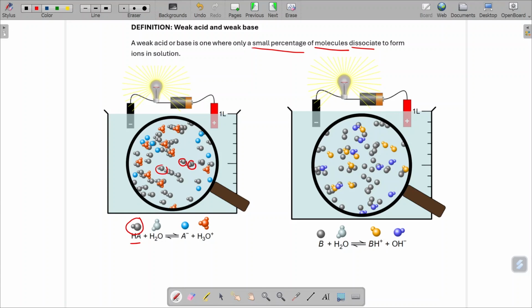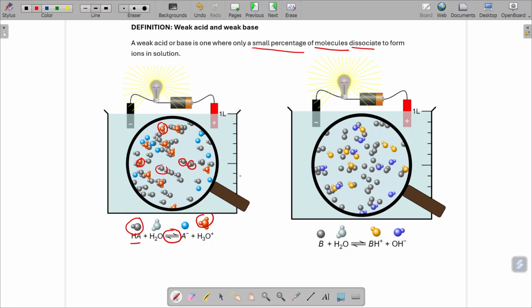Only a few of them have formed the hydronium ions. So compared to the previous diagram, there are very few hydronium ions in the solution, and therefore this is a weak acid. We can see here also that the equilibrium arrow points to the left and to the right, which means this is a reversible reaction.